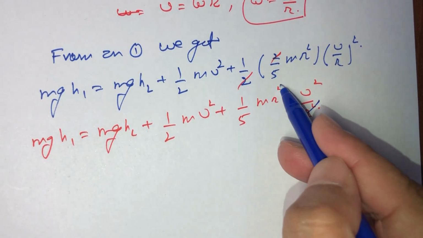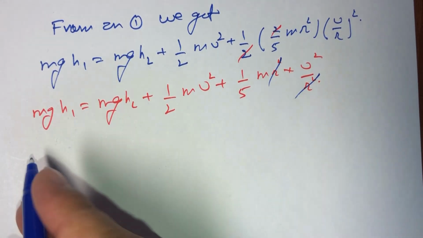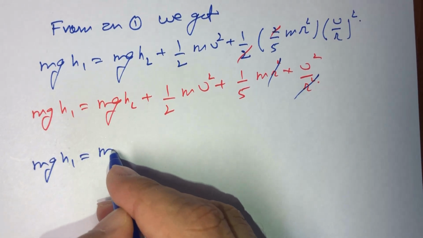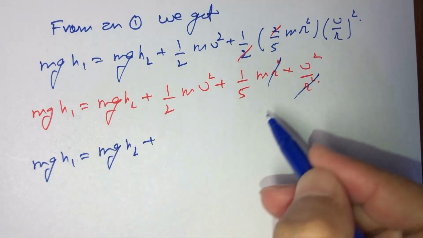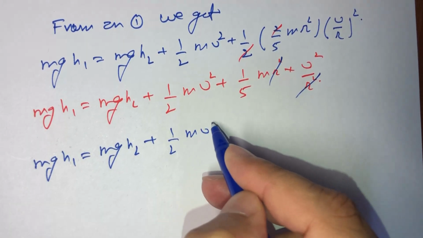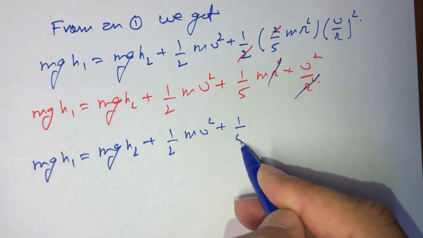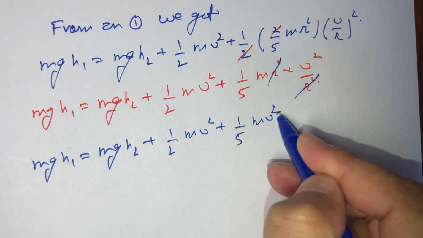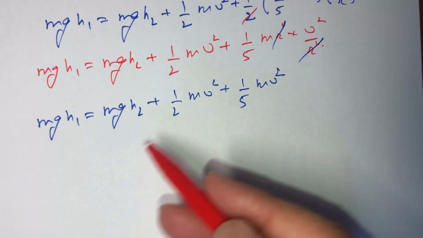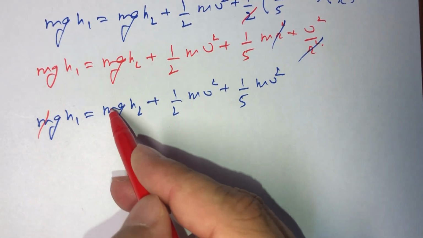The r square cancels with r square, so mgh1 equals mgh2 plus half m v square plus 1 by 5 m v square. We are going to combine these two terms, and cancel m throughout.